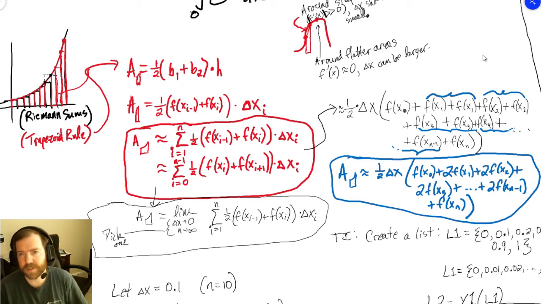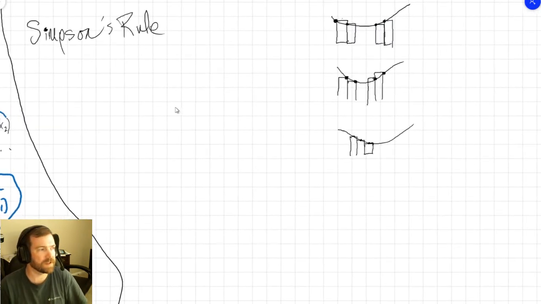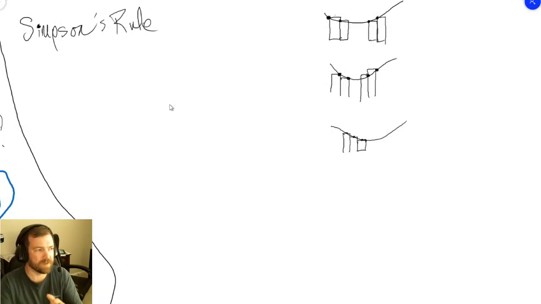So yeah, Simpson's rule. Thomas Simpson said, okay, well, this Riemann sum thing is pretty good. The trapezoid rule is even better, like almost always, because the extra bit here is going to get chopped in half.